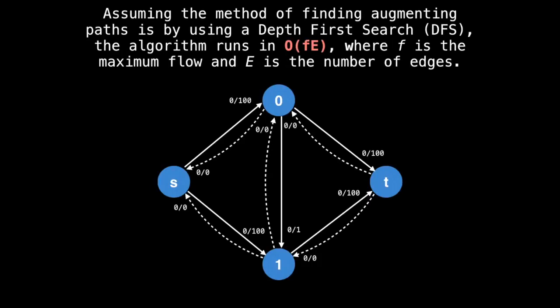Here's a graph where we can derive the time complexity. Suppose that the side edges have very high capacity values of 100, and the middle edge has a capacity of 1. You can clearly tell that the maximum flow should be 200 because you can run two augmenting paths with flow values of 100 on the top and the bottom of the graph from the source to the sink.